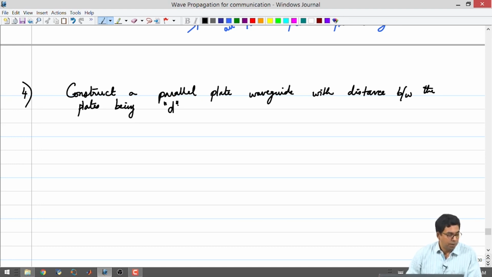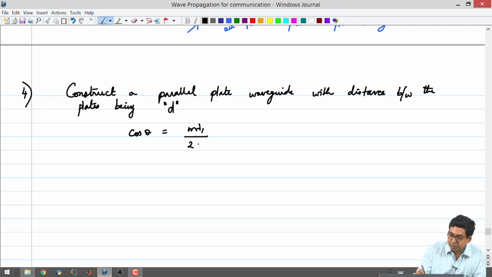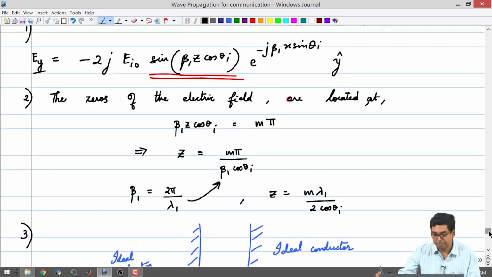The condition is we are looking for zeros of the electric field. As long as you do not alter the zeros of the electric field and you have placed the plate exactly at the zeros of the electric field, what we are arguing is correct. But the condition for zeros of the electric field was cos theta is equal to m lambda 1 by 2d. This is what we had written.